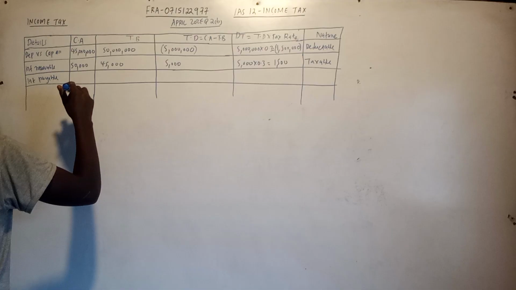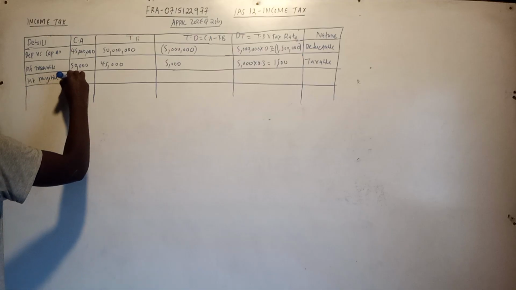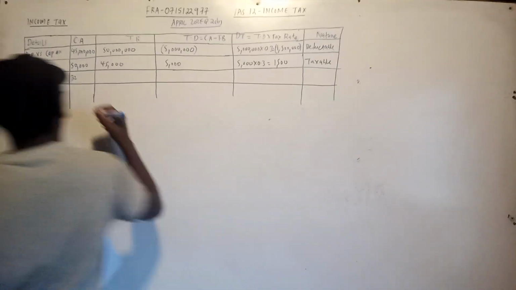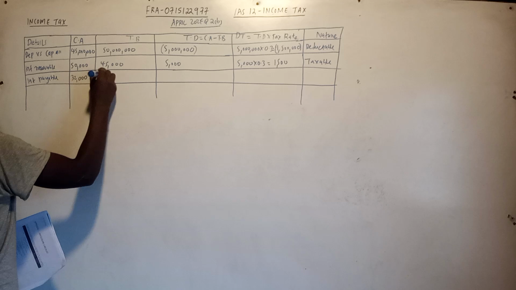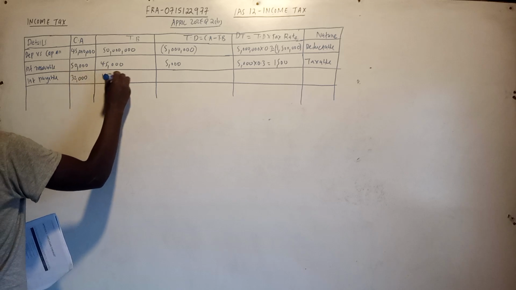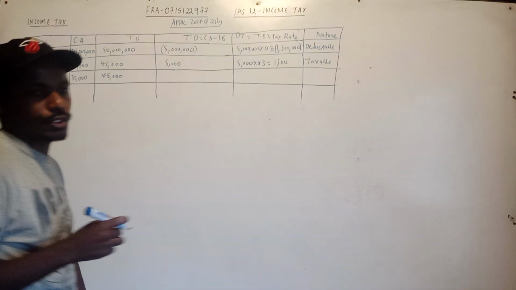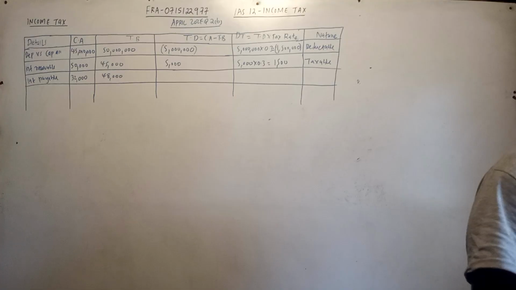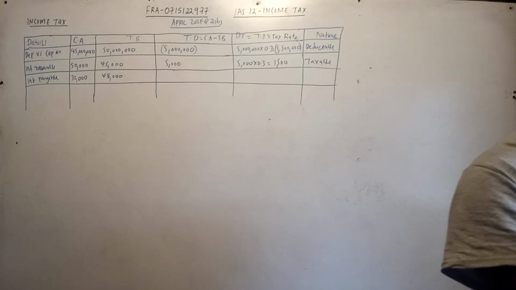Now the carrying amount will be 32,000. Then the tax base is 48,000. What was paid is the tax base, or what was received. What was paid or what was received is the tax base.